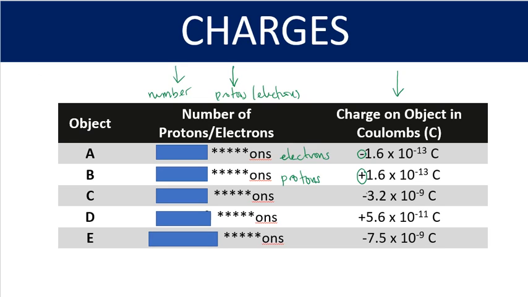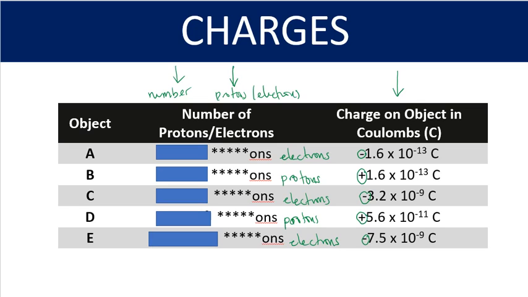Let's move on to C. That's a minus sign there. That suggests we have electrons. For D, it's a positive sign, so that tells us we have protons. Last but not the least is E. The negative sign tells us these are electrons.